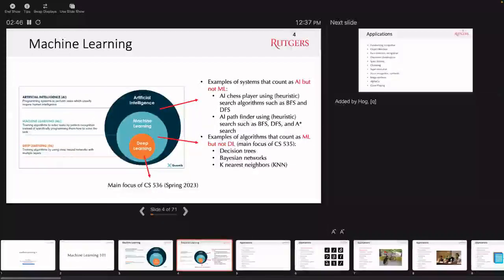To give you a better idea of the difference, here we have some examples that count as artificial intelligence or AI, but do not count as machine learning. One example is the AI chess players using, for example, heuristic search algorithms such as BFS and DFS, or AI pathfinders, like a robot finding where to get out of a maze, using heuristic search algorithms like BFS, DFS, and A-star search.